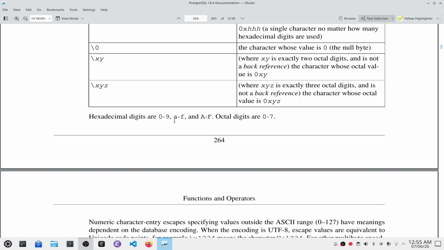Hexadecimal digits are 0 to 9, small a to f, and capital A to F. Octal digits are 0 to 7.